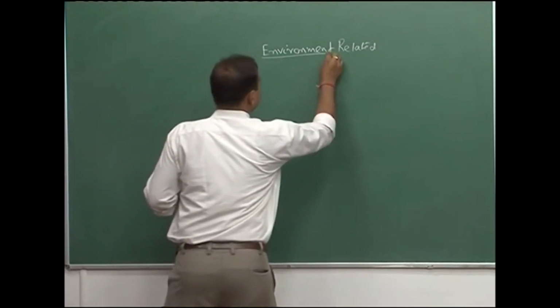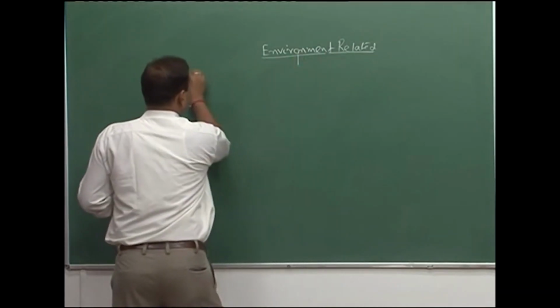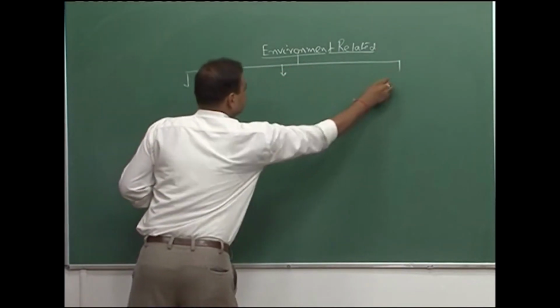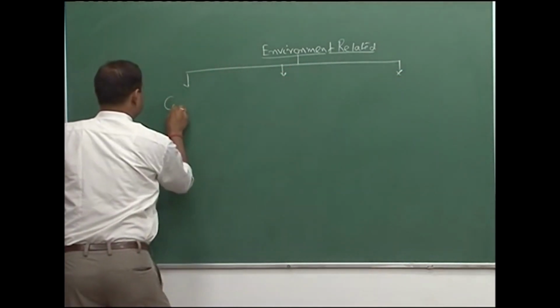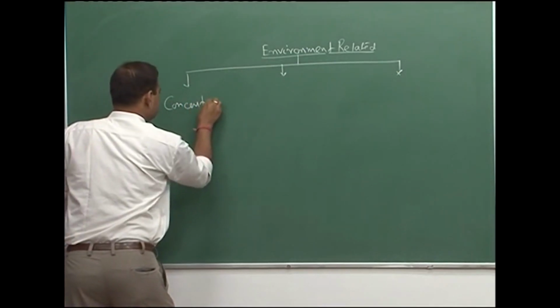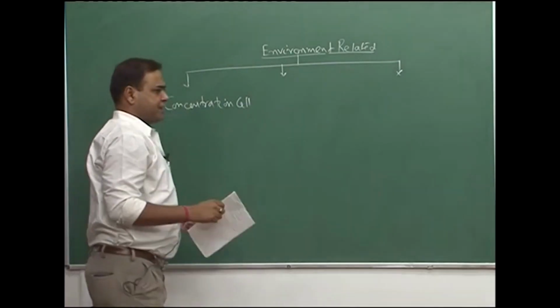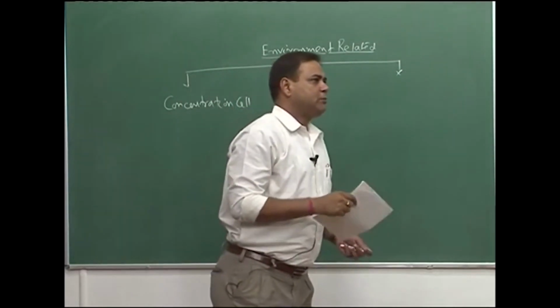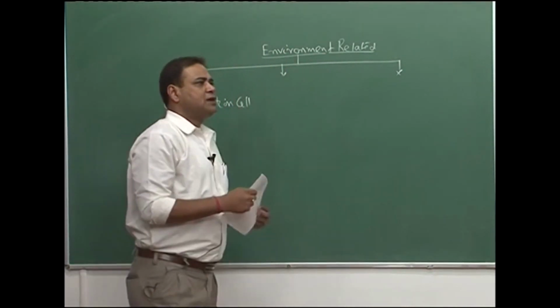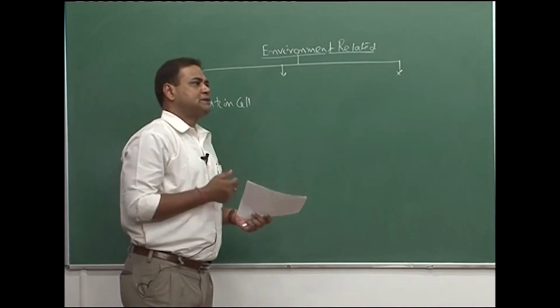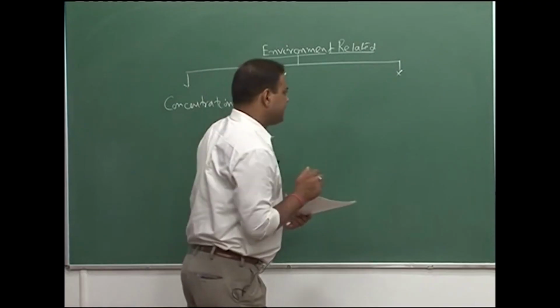In case of environment related factors, there are mainly three subsections. One is concentration cell. This sort of problem arises in case of localized attack or rainwater, rain droplet related attack.